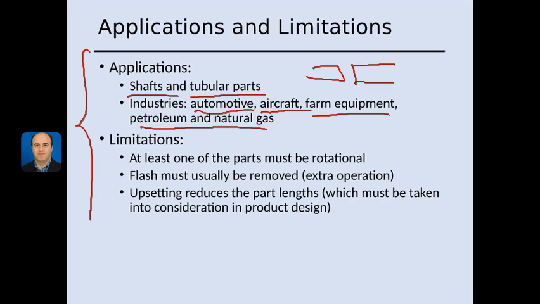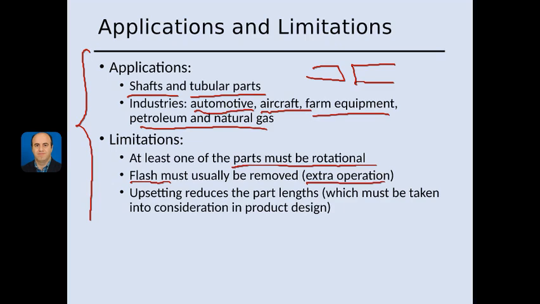The limitation is that one of the parts that you want to join has to be rotational, and the flash, that excess of material, has to be removed. This extra operation adds cost to the manufacturing.